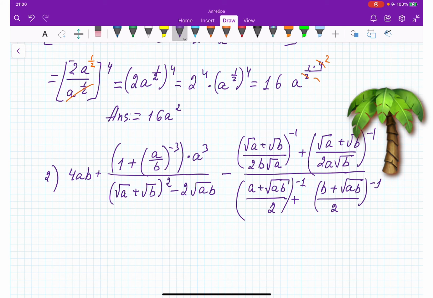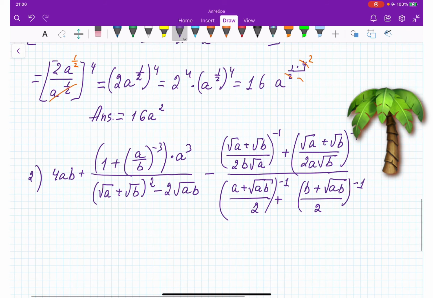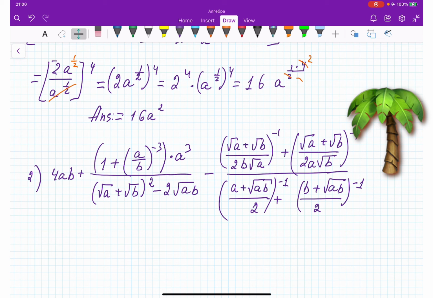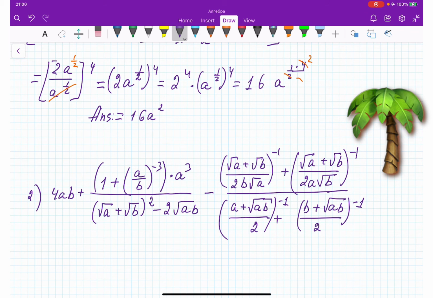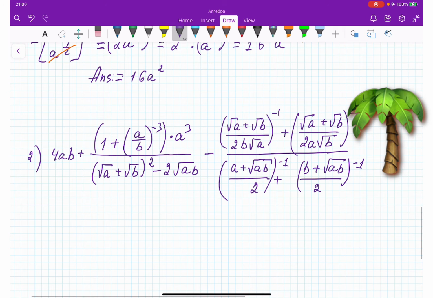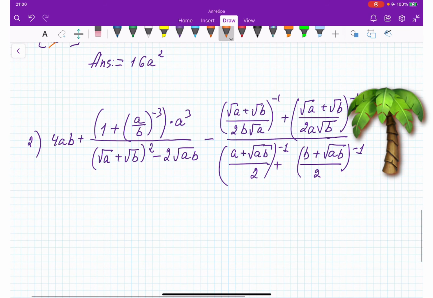This is also going to be -1. So in this case, it's going to be easy to figure out the domain. Both a and b have to be greater than 0. So our domain, I put as D: a greater than 0, b greater than 0.